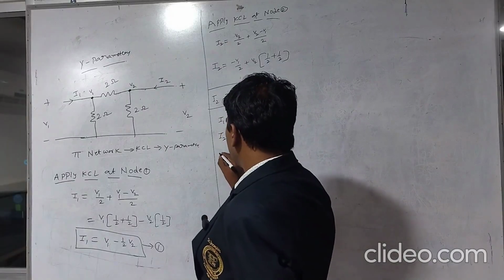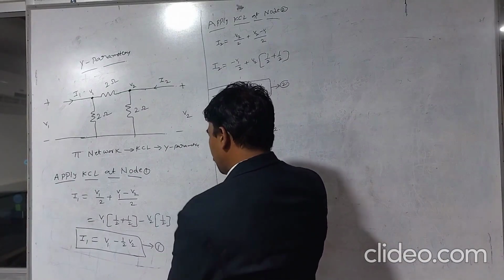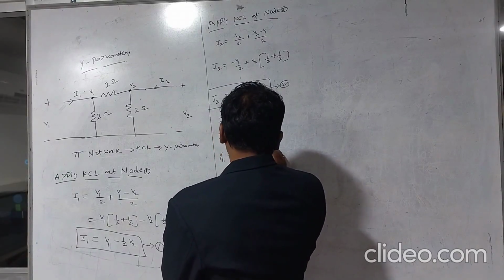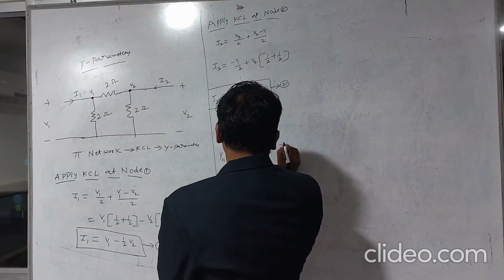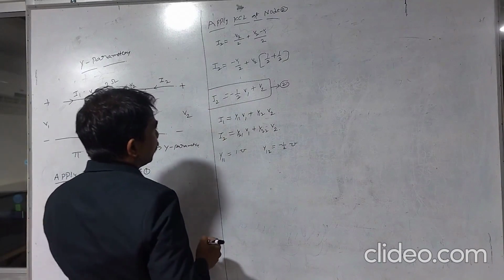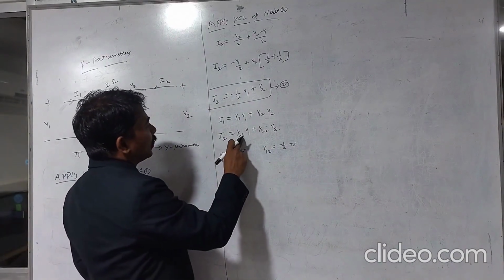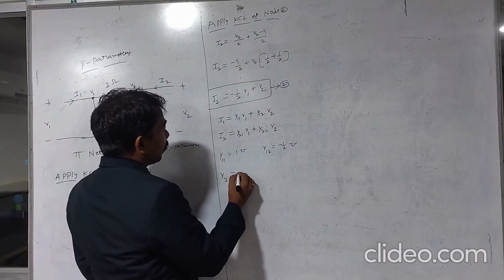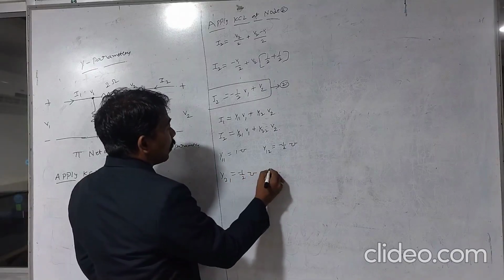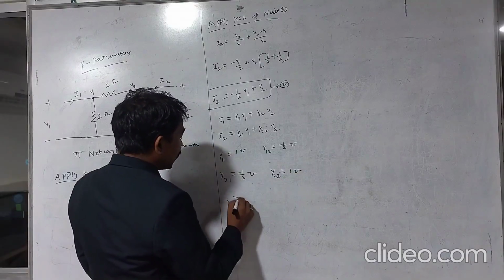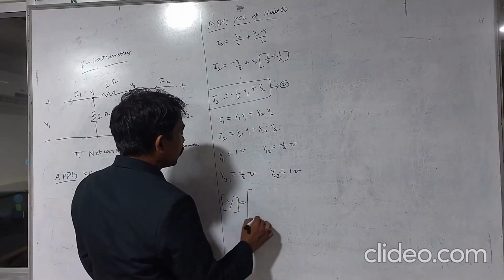By comparing, Y11 is nothing but 1 mho, Y12 is minus 1 by 2 mho. Then you take the second equation where I2 equal to Y21 V1 plus Y22 V2: Y21 is minus 1 by 2 mho and Y22 is 1 mho. So this is the corresponding admittance matrix for the two-port network.